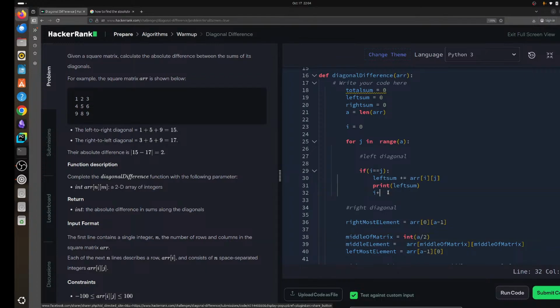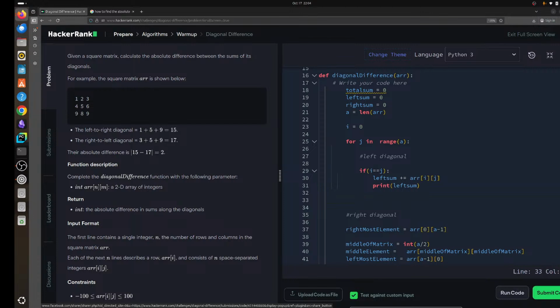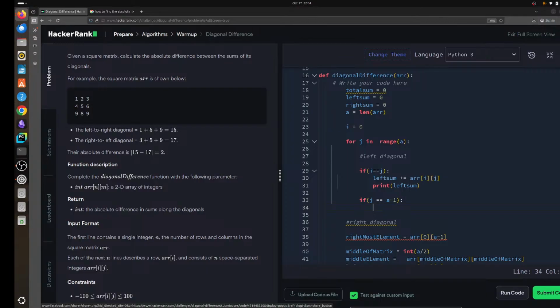I should increment it to 1 if j equals a minus 1, then i equals i plus 1, right?